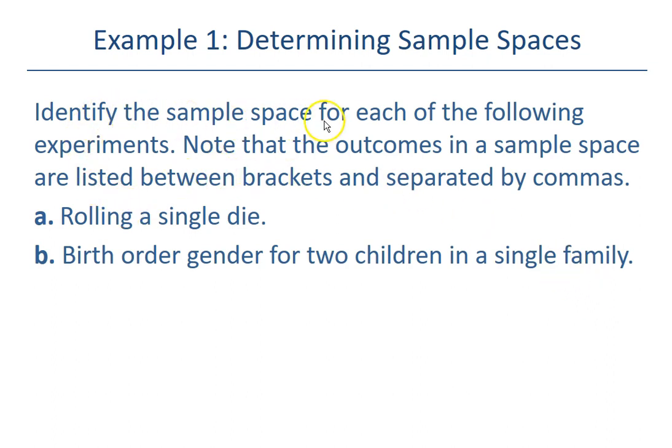So, identifying the sample space for each of the following experiments, note that the outcomes in a sample space are listed between brackets, sort of like a set, and separated by commas. All right, so think of this one. What's your sample space for rolling a single die? And you might say, what is a die? Well, it's one of a set of dice.